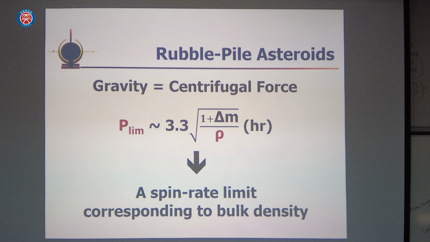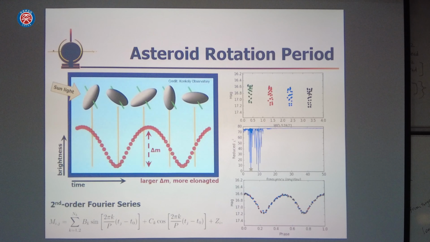Okay, so before I step into how we identify the spin rate, we first need to know how we measure the rotation period of an asteroid. Here is an artificial asteroid which is elongated. As we know, an asteroid won't emit optical light by itself. We can see them because they reflect sunlight.